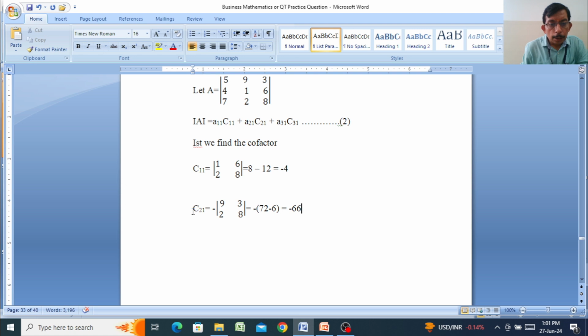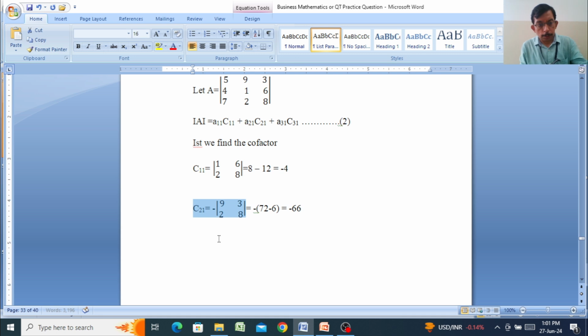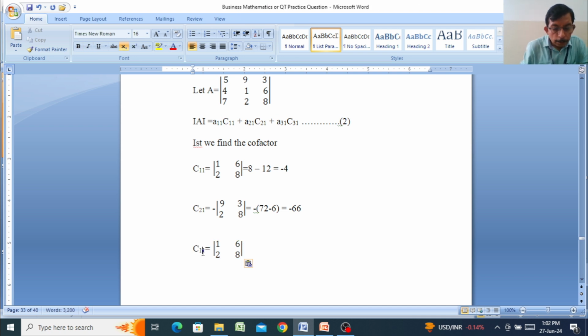Now calculate the value of C31. For C31, we cancel out the third row first column element, and the remaining elements are 9, 3, 1, 6.